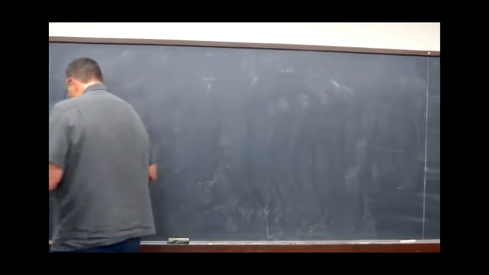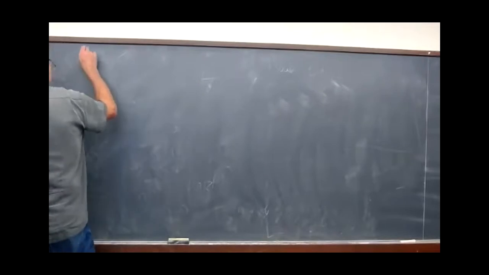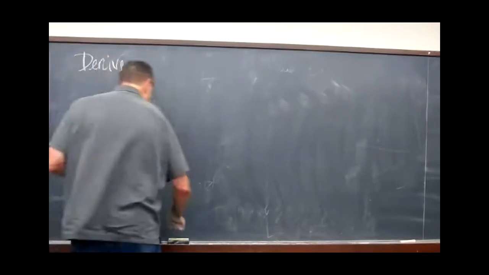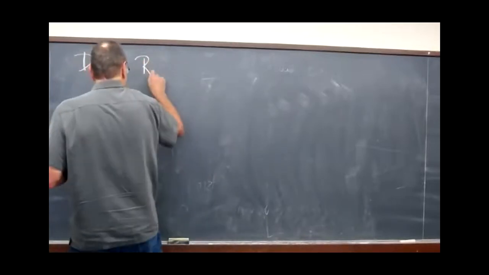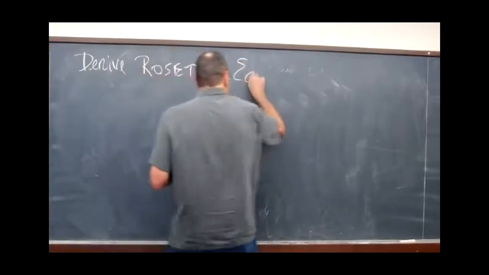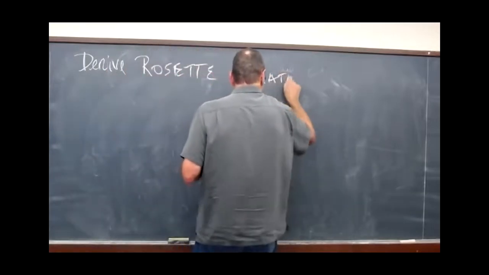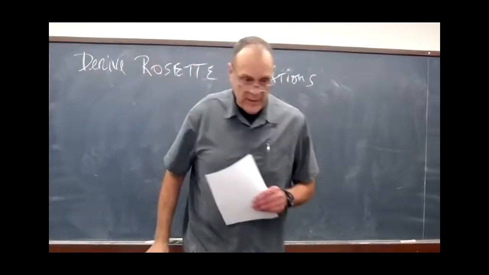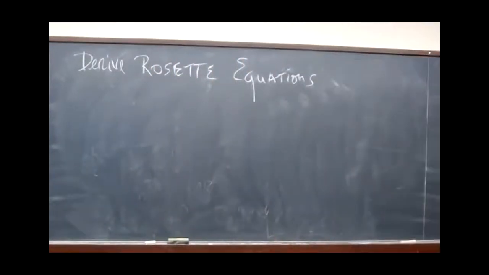So we're going to do this two ways. These are going to be what's called the Rosette equations. Let's go take a quick look at a picture in the course notes.